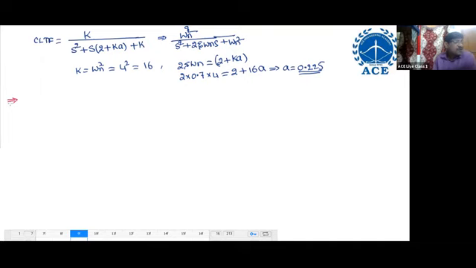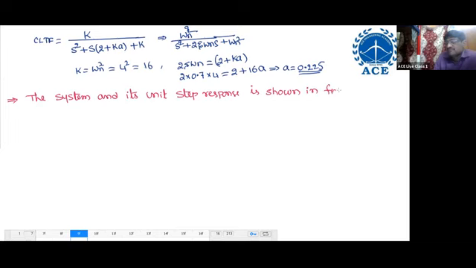The system and its unit step response is shown in the figure.